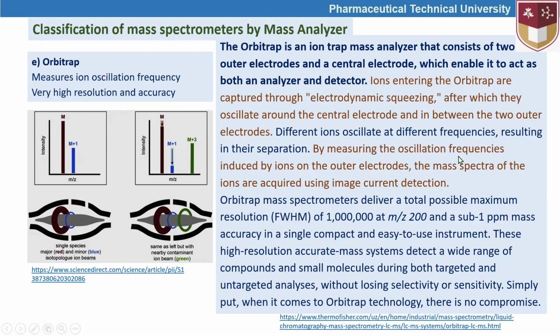By measuring the oscillation frequencies induced by ions on the outer electrode, the mass spectra of the ions are acquired using image current detection. Orbitrap mass spectrometers deliver a total possible maximum resolution of 1 million at 200 mass to charge and sub part per million mass accuracy in a single compact and easy to use instrument.